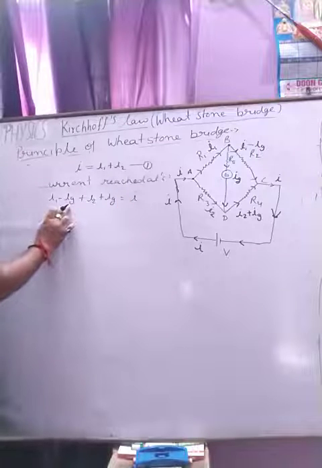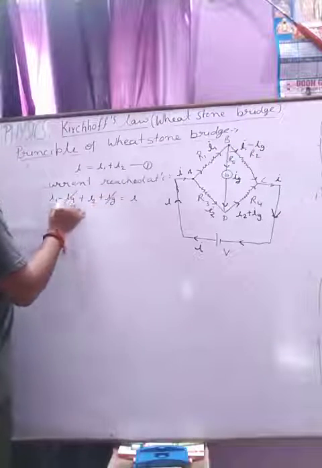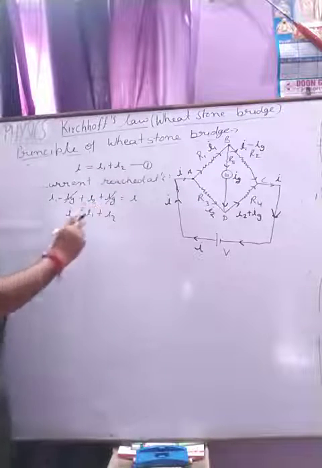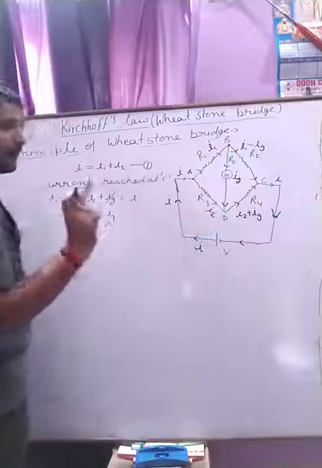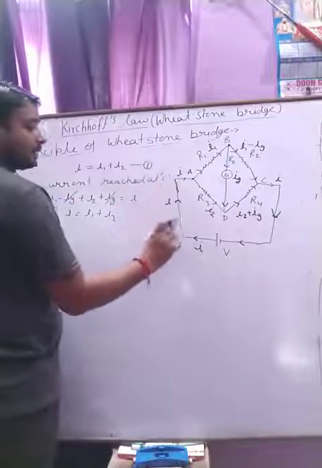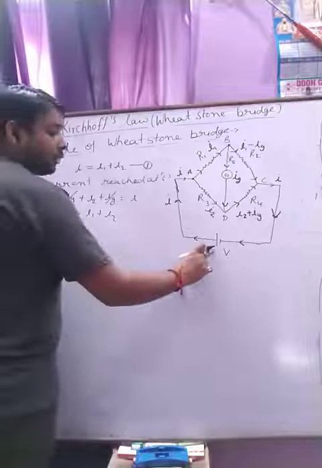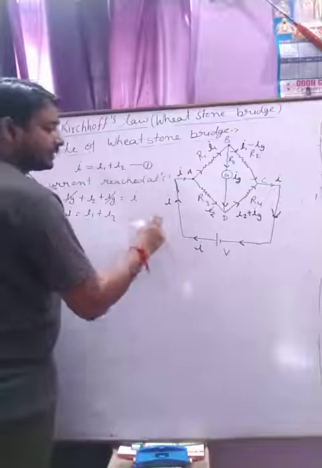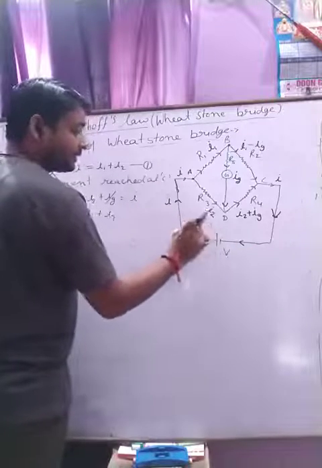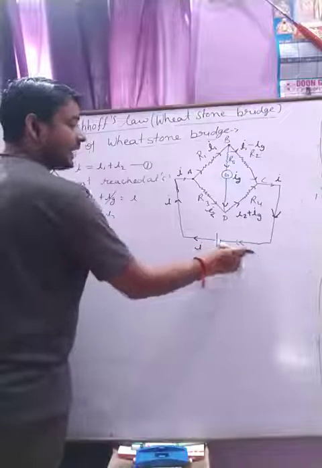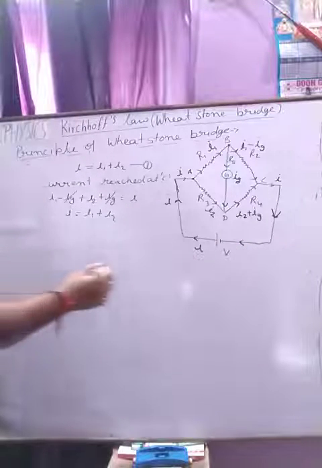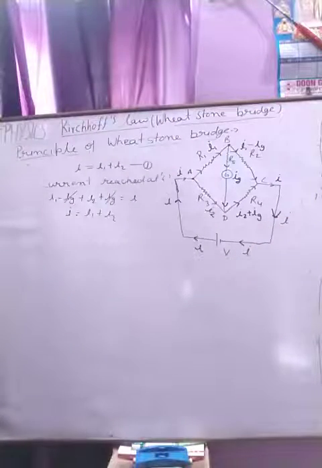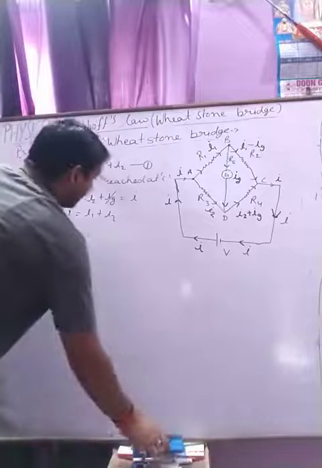So this Ig is negative, this Ig is positive, so it will cancel. So we get I is equal to I1 plus I2. So after the current distribution in the loop, the current drawn by the circuit from the battery is exactly the same as what is leaving the positive terminal and entering the negative terminal. That is, this current I that left the battery is entering here. So this is our first.